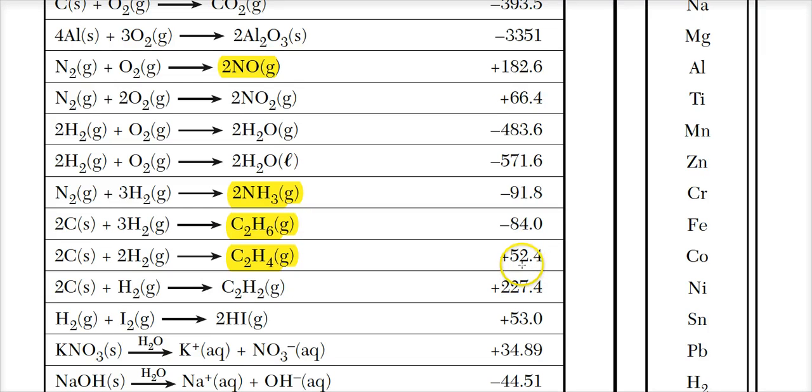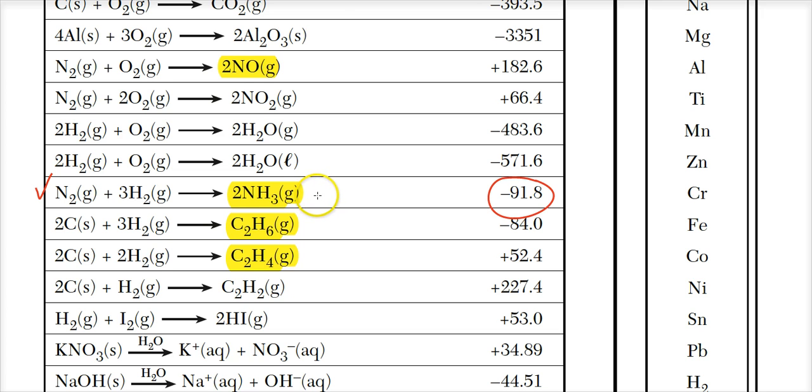So as the reactions are written, we would say that the reaction of N2 and 3H2, sometimes called the Haber process, is the one that is the most negative, which means the greatest amount of energy released, and the most exothermic.